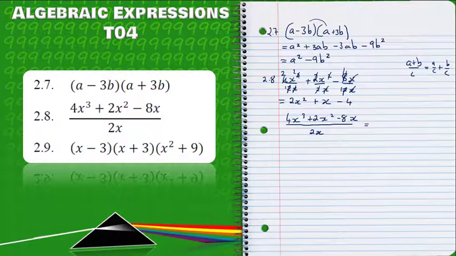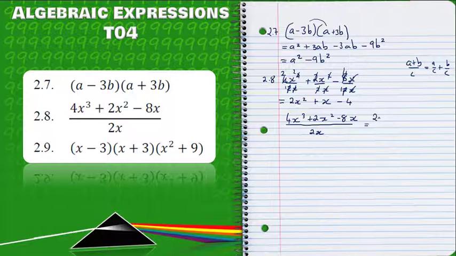We take out a common factor, and the highest common factor is 2, because I can take out 2 from each term. That's the highest coefficient I can take out. And the highest power of x that I can take out is x itself, because I cannot take out any more from this last term than x itself, like x squared, for example.